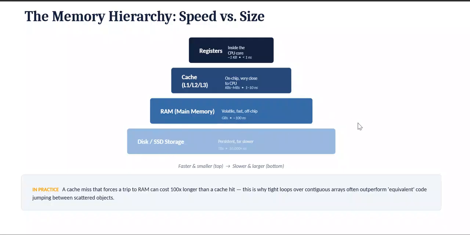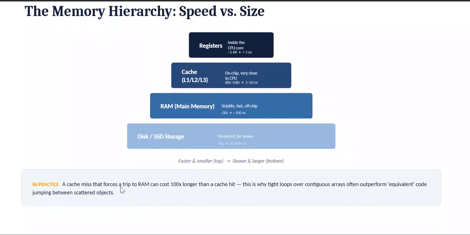The SSD, I call external or secondary memory. In practice, a cache miss that forces a trip to RAM can cost 100 times longer than a cache hit.